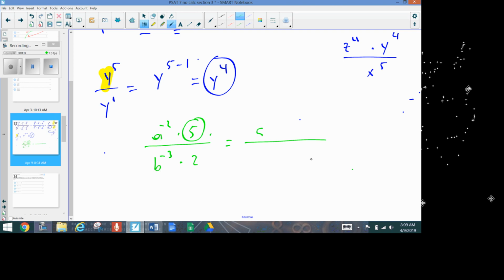No. A to the power of -2. What's going to happen about this? Move it down. A squared. Good. I used 2 of them. Move up. B cubed. Positive. I'm done with this. It stays. Let me write that in a better way. 5b cubed over 2a squared.